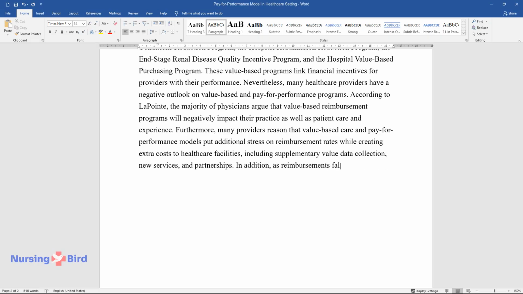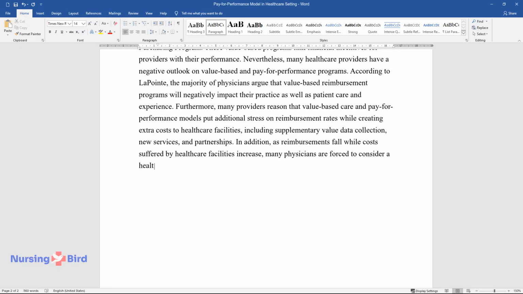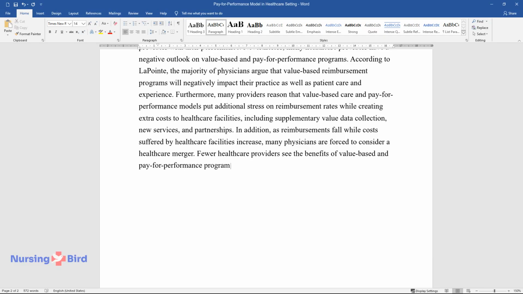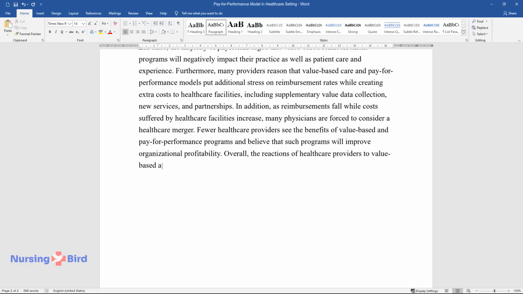In addition, as reimbursements fall while costs suffered by healthcare facilities increase, many physicians are forced to consider a healthcare merger. Fewer healthcare providers see the benefits of value-based and pay-for-performance programs and believe that such programs will improve organizational profitability. Overall, the reactions of healthcare providers to value-based and pay-for-performance programs are mixed.